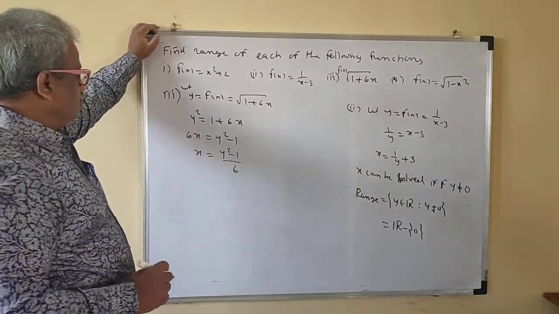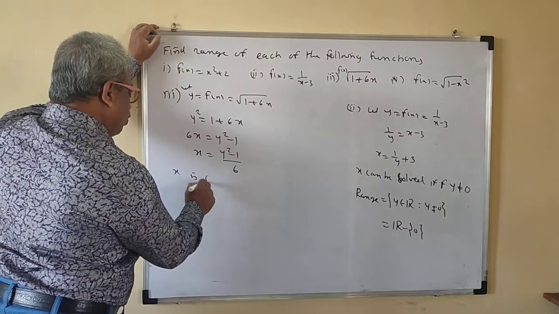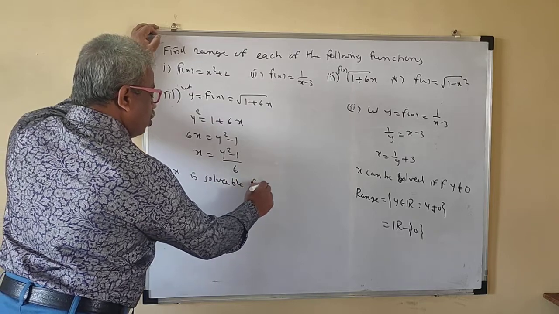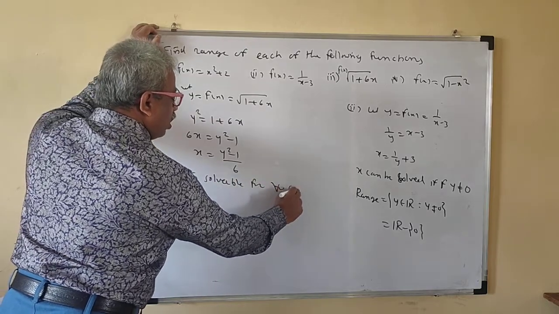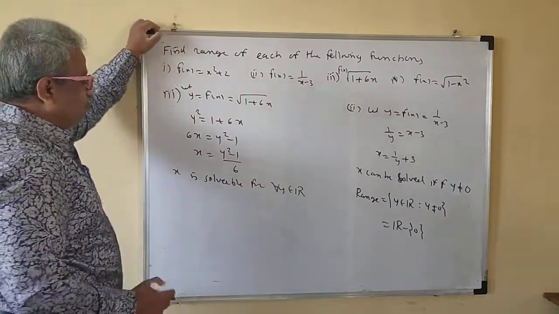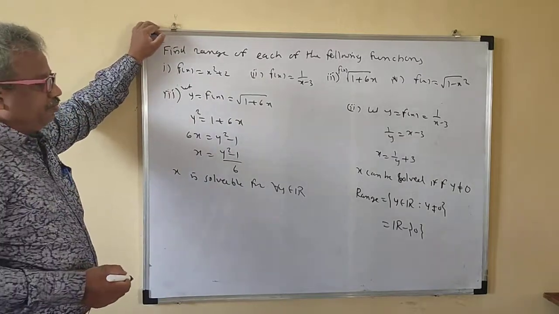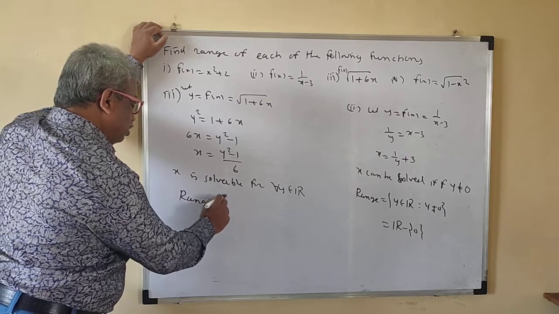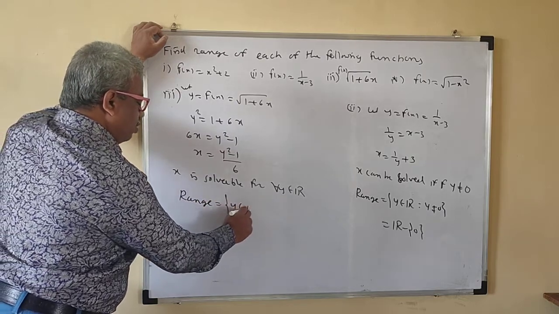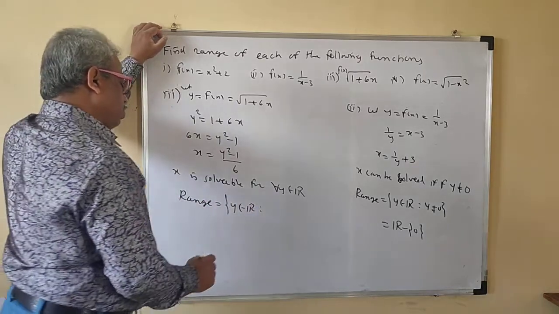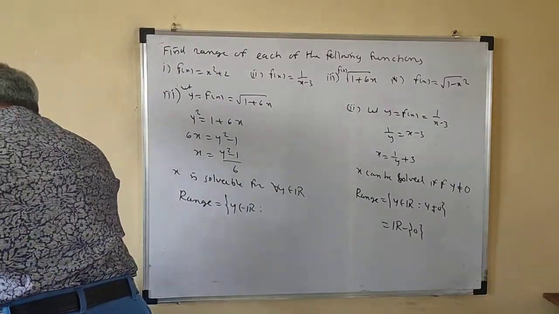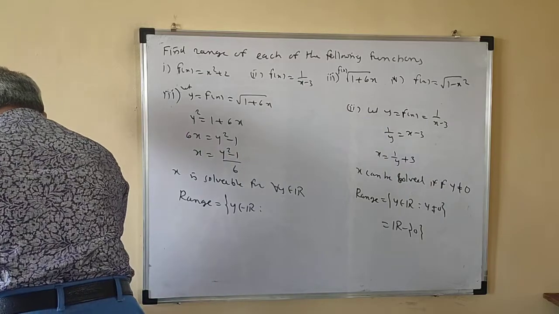X is solvable for all y belongs to R, because your denominator is 6 here. So that means your range is y belongs to R. There is no restriction on y.